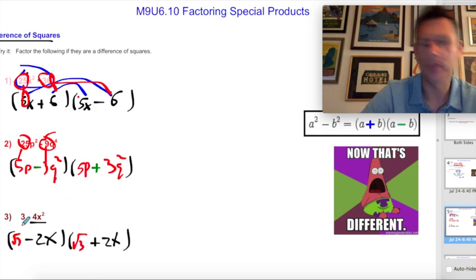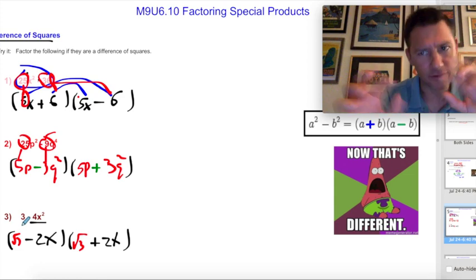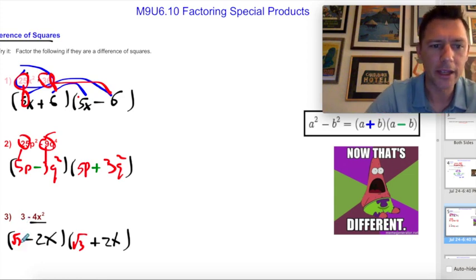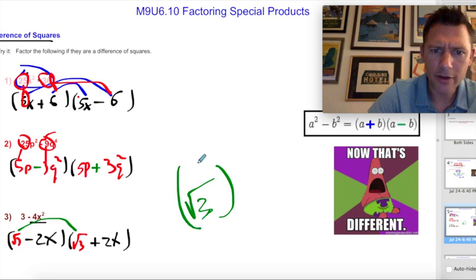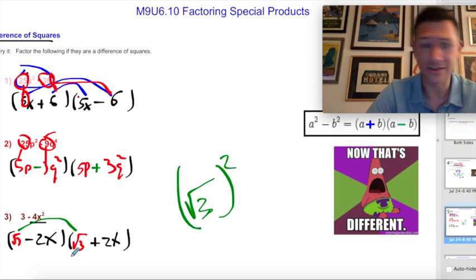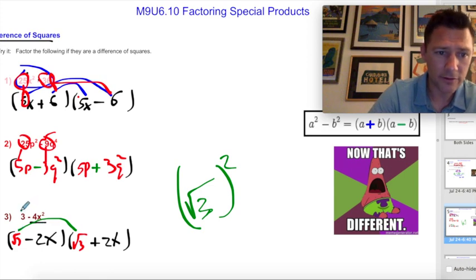And this is like a level 7 and 8, so it's a little more advanced. Don't freak out on me. When these multiply together, root 3 times root 3 squared, it's root 3 times itself, which is root 9, which is 3. So this gives you this 3 back. This gives you negative 4x squared back.